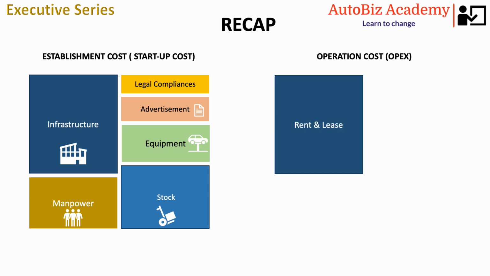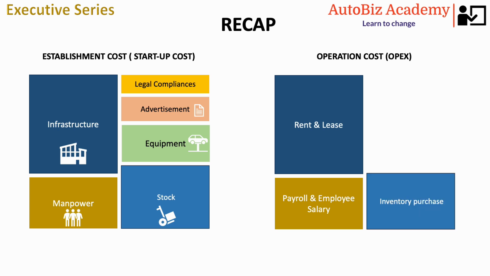The second cost is operation cost. It covers fixed and variable. So rent and lease, in case the property is rented or on lease, then those expenses come under operation cost. Then payroll and employees' salary.